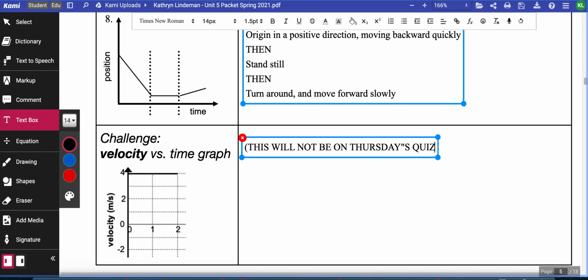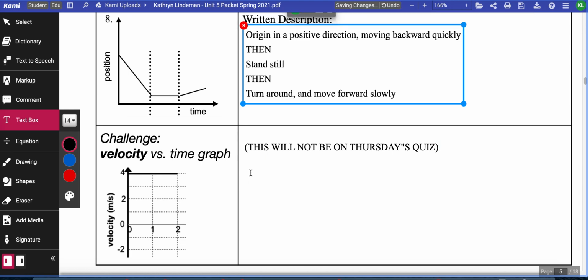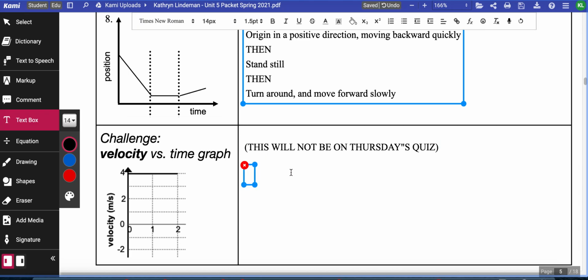I just want to be very clear, this will not be on Thursday's quiz, okay? So with this velocity time graph, if we have a flat line, that means that we have constant velocity. Just like if we have a flat line on a position time graph, that means we have constant position. So we have constant velocity.